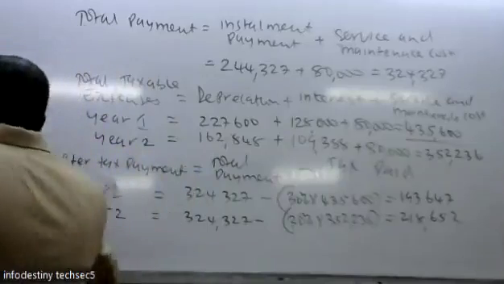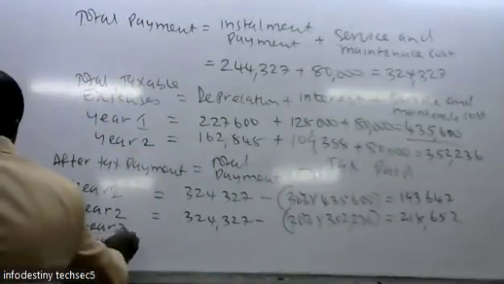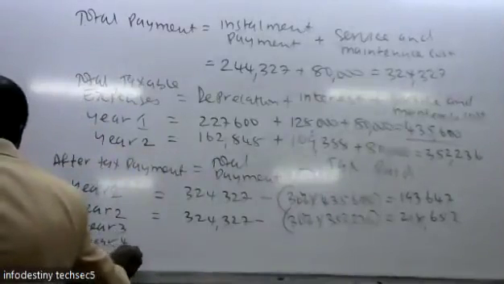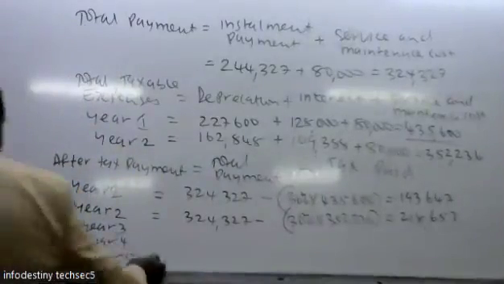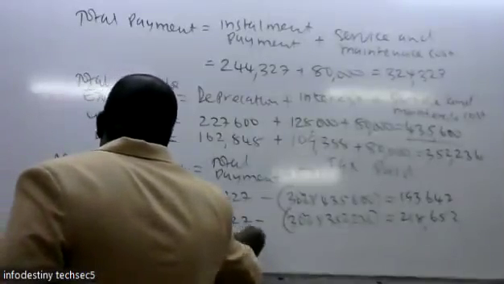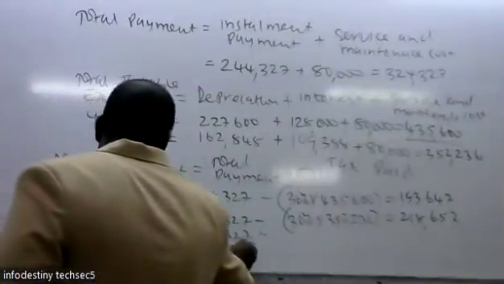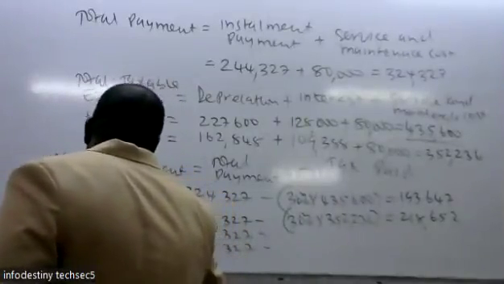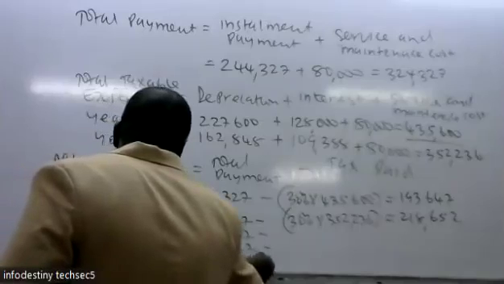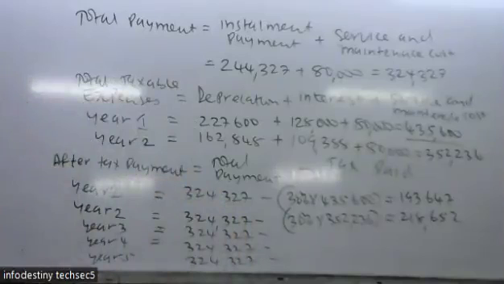Can we do the same for year 3, year 4, and also year 5? Because the payment will remain the same. So what is changing? There will be the tax. You follow what you have done for year 1 and year 2.